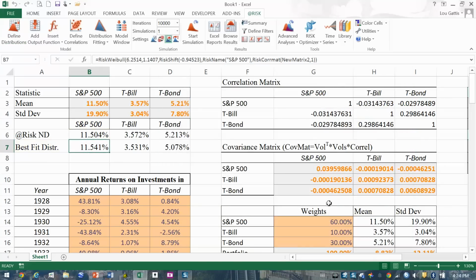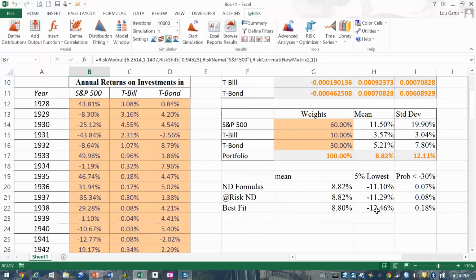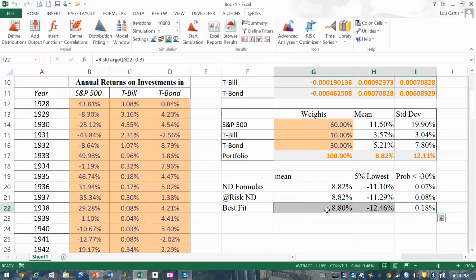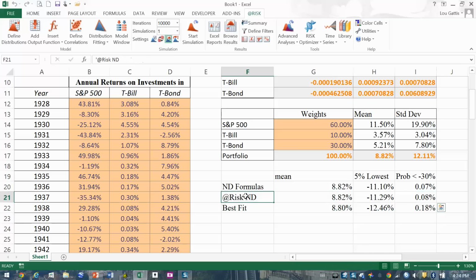So bottom line is you could use best fits to look at, say, historical risk levels. However, I probably would still default to a normal distribution if I wanted to get a better picture for, say, the expected return in the future, even though I think this may capture the risk a little bit better of the tails.